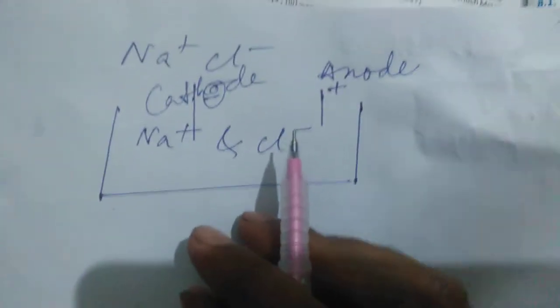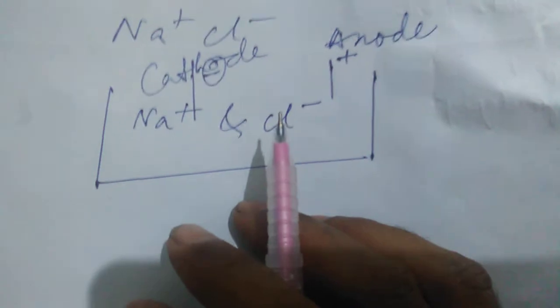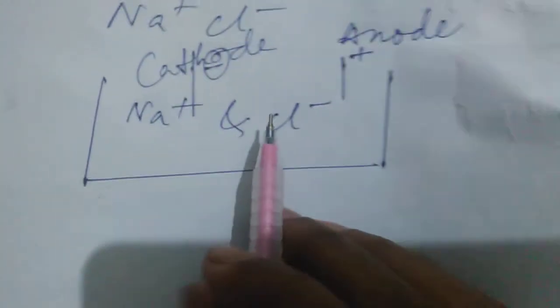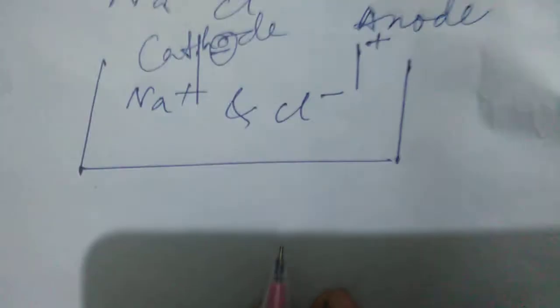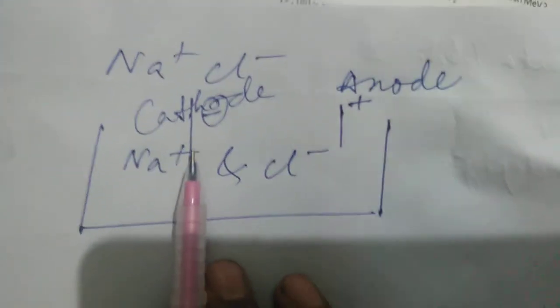You know, I have come to the chapter electrical properties of matter or chemical compounds. That means simply electrolysis. Again I say, what is cathode? The cathode is the negative plate and anode is the positive plate.